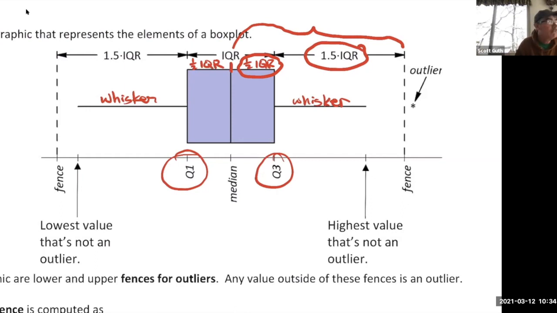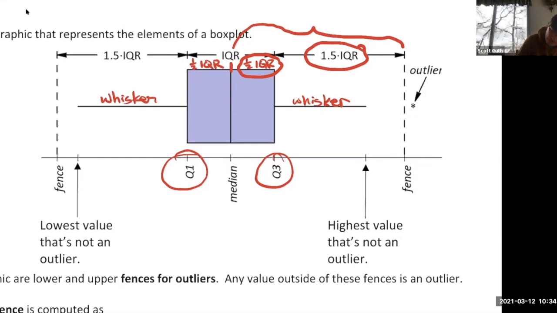This is sort of stealing from the empirical rule. We're going up 2 interquartile ranges from the median to determine the outlier, or we could say you're going up 1.5 interquartile ranges from the 3rd quartile, which is the edge of the box.